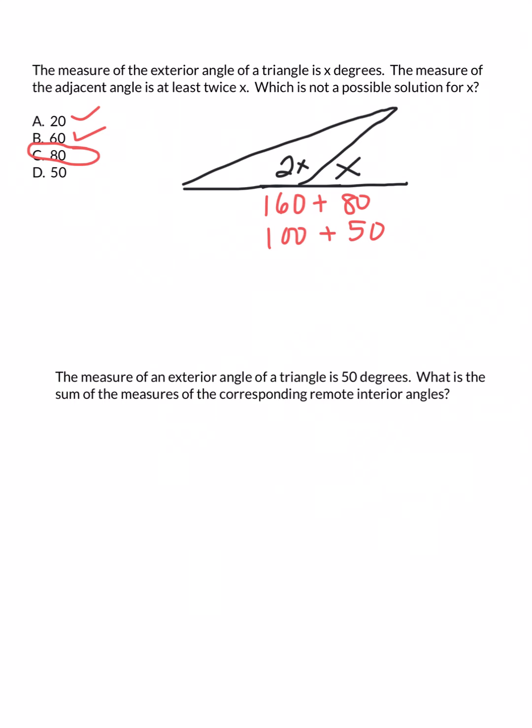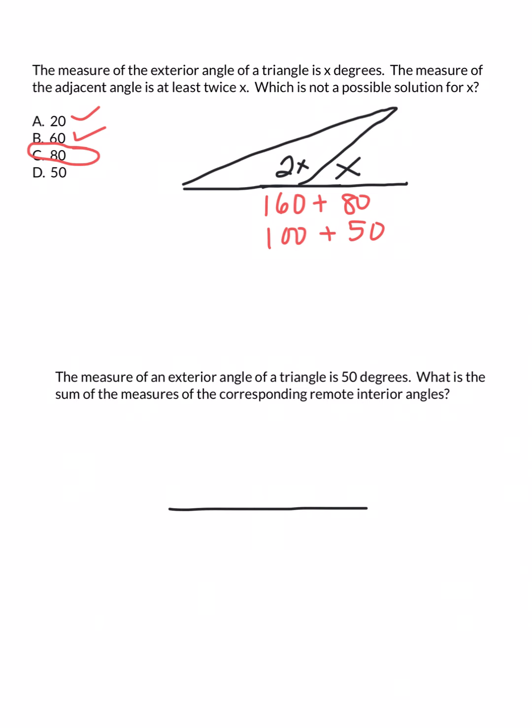Now let's look at the next one. The measure of an exterior angle of a triangle is 50 degrees. What is the sum of the measures of the corresponding remote interior angles? Okay, so if you go back and reread the definition, this is pretty simple. But I'll actually draw this too, to make it a little easier to see.